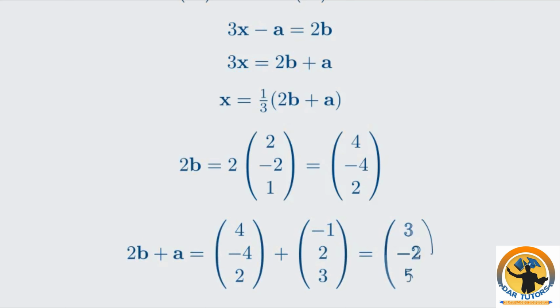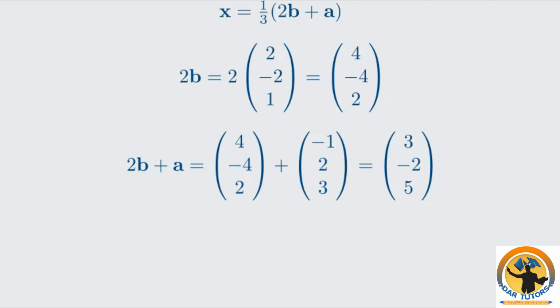Now we can substitute the actual vectors and calculate the result. First, let's find 2b. That's 2 times the vector (2, -2, 1), which gives us (4, -4, 2). Next, we add a to this result. (4, -4, 2) plus (-1, 2, 3) gives us (3, -2, 5).